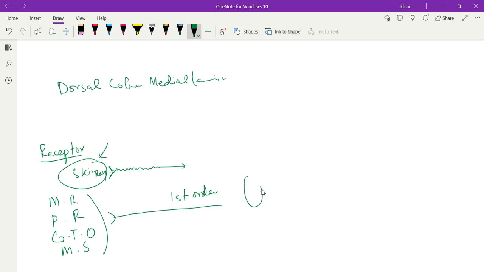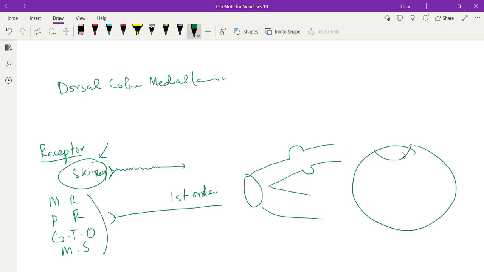Suppose this is the spinal cord. This is the dorsal root ganglion, and this is the anterior ventral root.